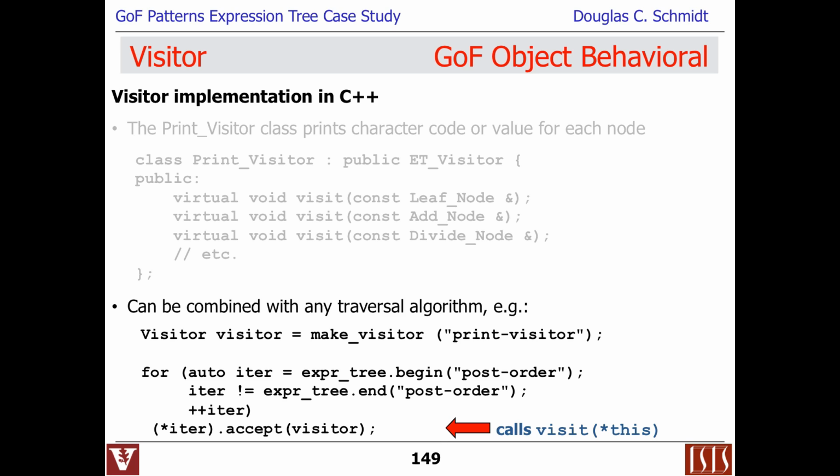What's that called? The V pointer. So every object that has virtual functions has a virtual pointer, and it points off to the appropriate virtual table.